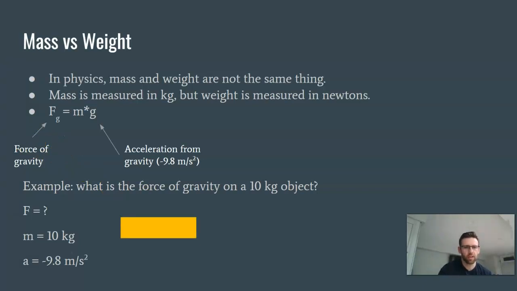So force is equal to ma. You can say ma or you can say mg, however you want to say that. That's going to be 10, because that's our mass, times negative 9.8. If you multiply those two together, you'd get negative 98 newtons. So the force of gravity on the object is negative 98 newtons.